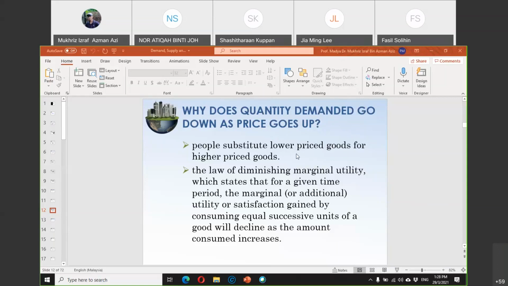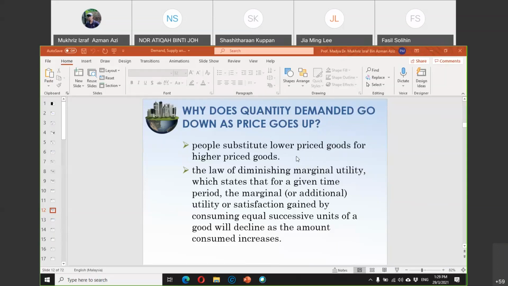So for example, if you go to the wet market and you want to buy a certain type of fish, let's say ikan kembung or ikan termenung, but if the price of that fish is a bit expensive, you're going to buy another type of fish.